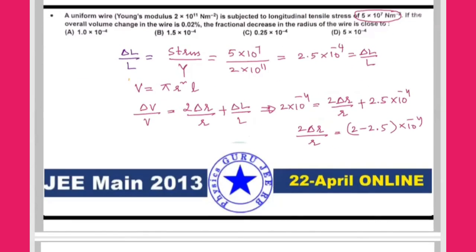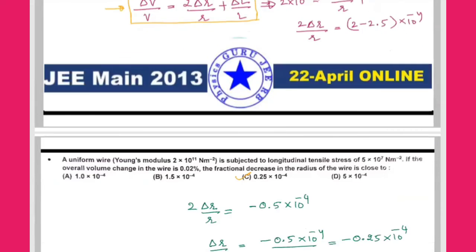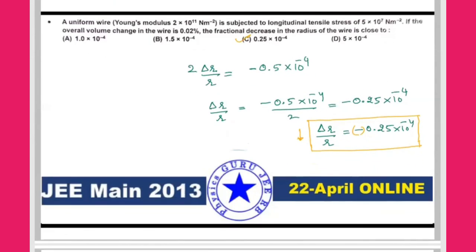Then we took volume V equals pi r square into L, so delta V by V equals 2 into delta R by R plus delta L by L. Substituting the values we calculated above, we finally get delta R by R. This negative sign indicates there is a fractional decrease in the radius. Hope this is clear till JEE 2013.